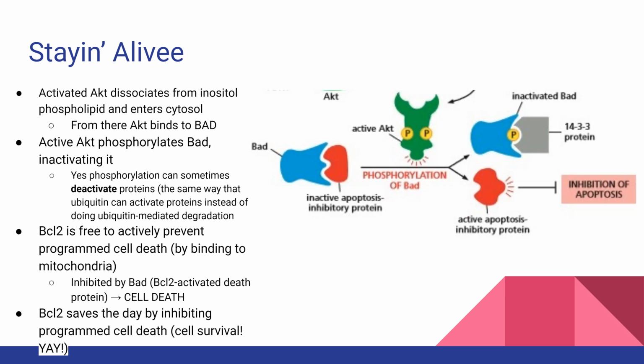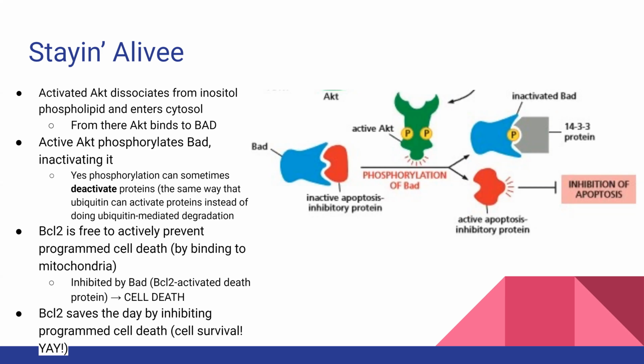So this is why an active AKT will phosphorylate BAD, which basically hinders BAD from being able to hang on to BCL2. So this will free BCL2, and BCL2 will swim on its way to be free, and it will actively prevent programmed cell death.